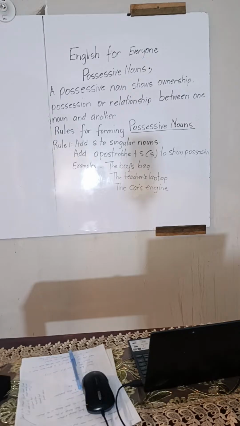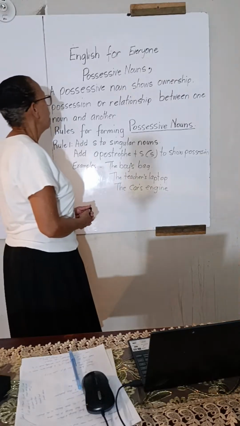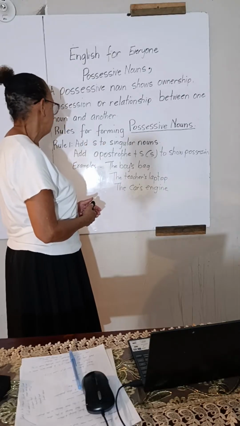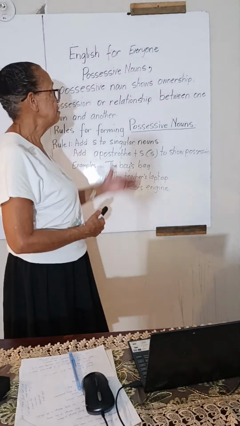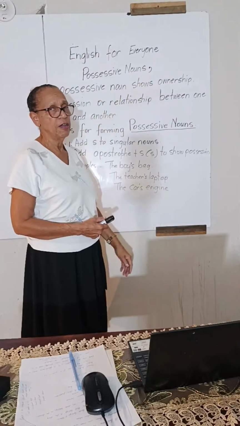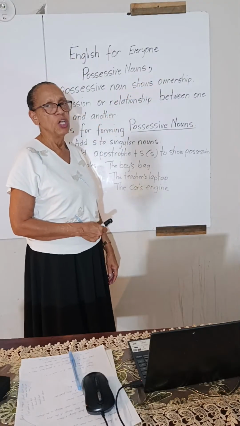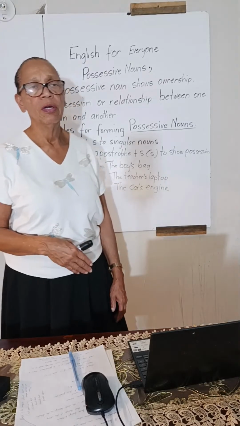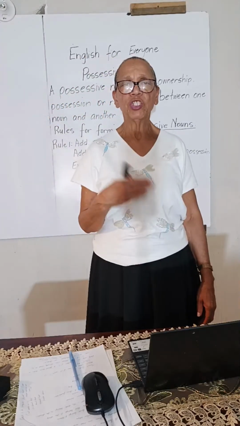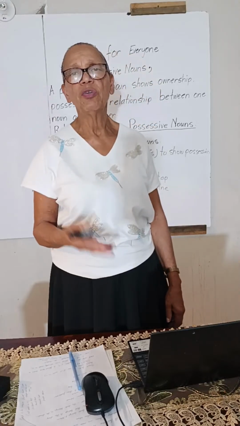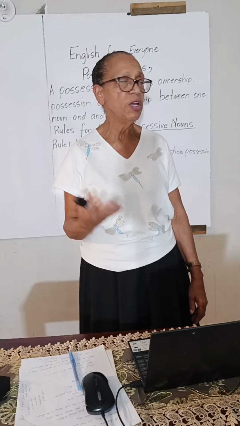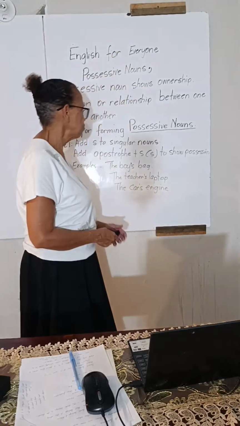So we're going to be looking at rules for forming possessive nouns. This little apostrophe is very important. When you're writing, if you're talking about grandma's house, the witch's house, or whatever, you have to put the apostrophe. That's a grammar rule, and it's necessary.